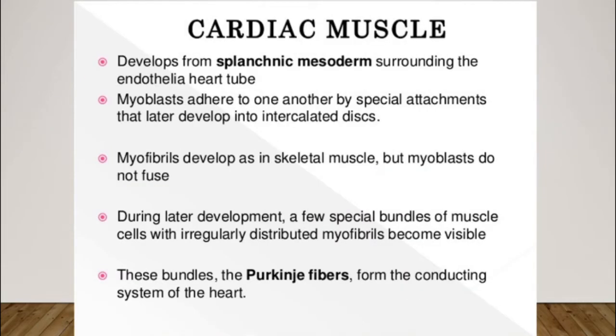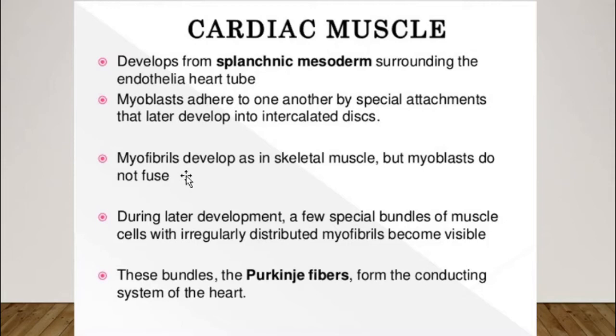The cardiac muscle develops from splanchnic mesoderm surrounding the endothelial heart tube. Myoblasts adhere to one another by special attachments that later develop into intercalated discs. Myofibrils develop as in the skeletal muscles, but myoblasts do not fuse.